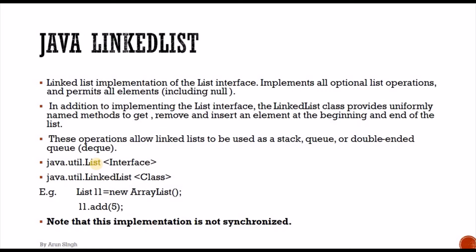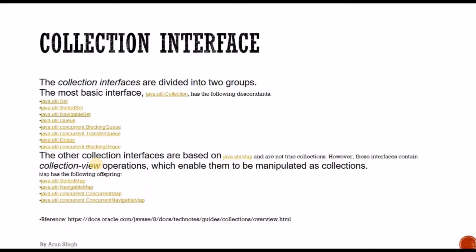What is a collection? Let me tell you that also. The collection interfaces are divided into two groups. The most basic interface is java.util.Collection, which has the following descendants: Set, SortedSet, NavigableSet, Queue, BlockingQueue, TransferQueue, Deque, BlockingDeque. The other collection interfaces are based on java.util.Map and are not true collections.